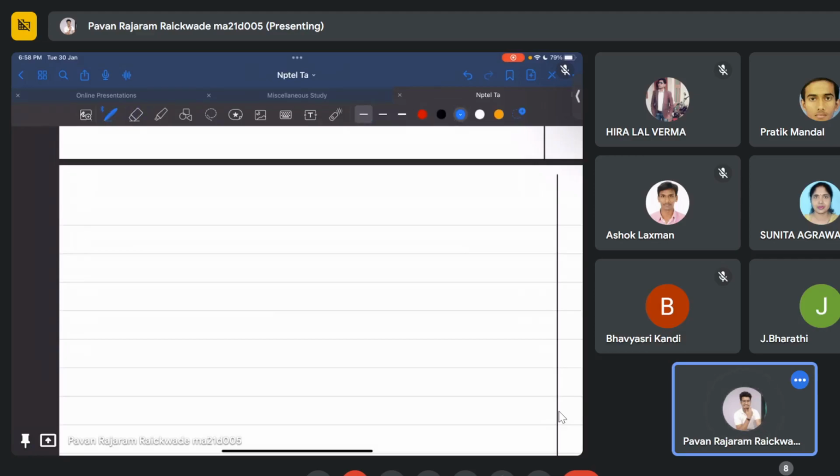Take R to be the power set of natural numbers, which is the set of all subsets.